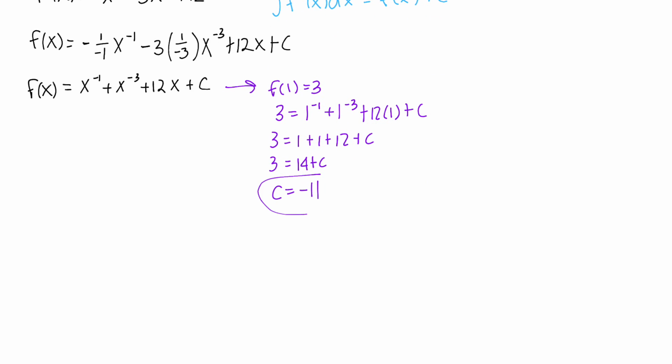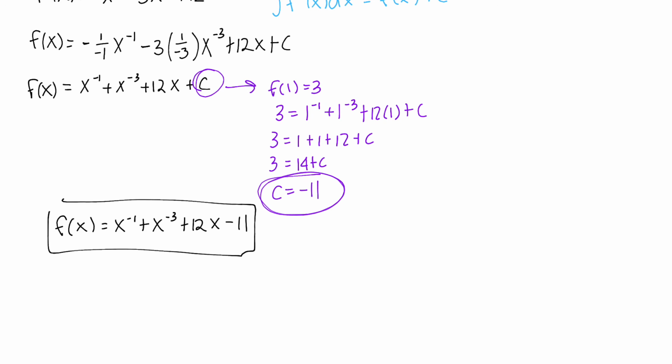So we just need to take this negative 11 and plug it back in for c, and we have our f of x. And if we wanted to be really fancy, we could rewrite this as f of x equals 1 over x plus 1 over x cubed plus 12x minus 11. And both will be the same answer.